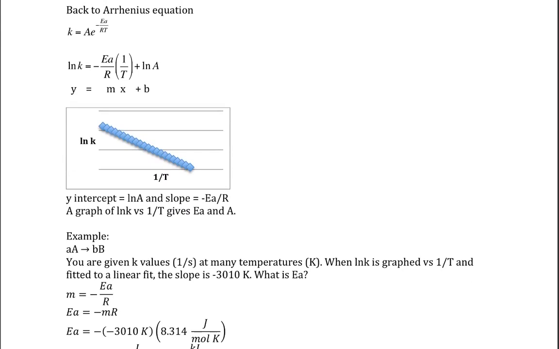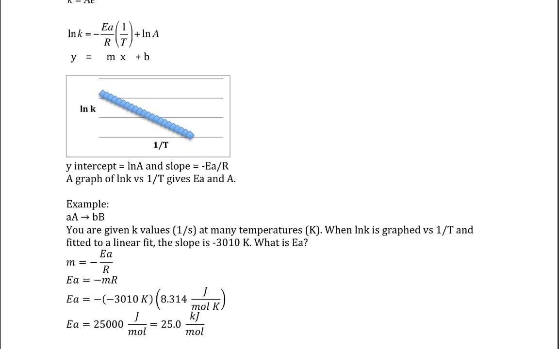If we want a linear version of it, we take the natural log of both sides and we get ln of k equals minus EA over R times 1 over T plus ln of A. If you match that up to a linear function, y equals mx plus b, you see that the y-intercept, b, equals ln of A, and the slope is minus EA over R. So here's a graph of ln of k versus 1 over T. It's linear with a slope of minus EA over R. And if we have a lot of rate constant versus temperature data, then for that reaction we can calculate the value of EA and A.